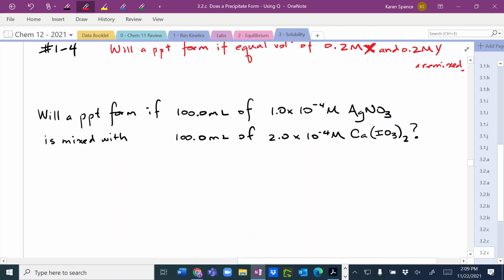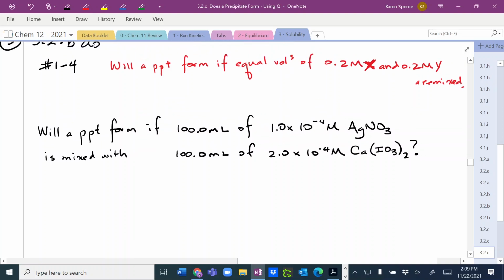If you have a question like that, where could you look to find the answer? If you're given 0.2 molar of one thing and 0.2 molar of the other thing and you're asked, will a precipitate form, where could you look? You could look on your data booklet. This would be page 4, and it's pretty straightforward. So these ones you would just look on page 4 of the data booklet.